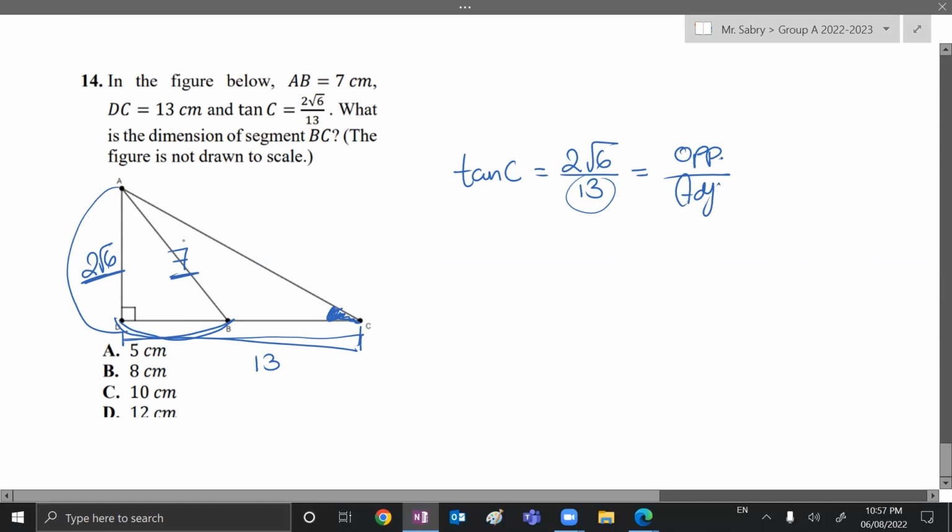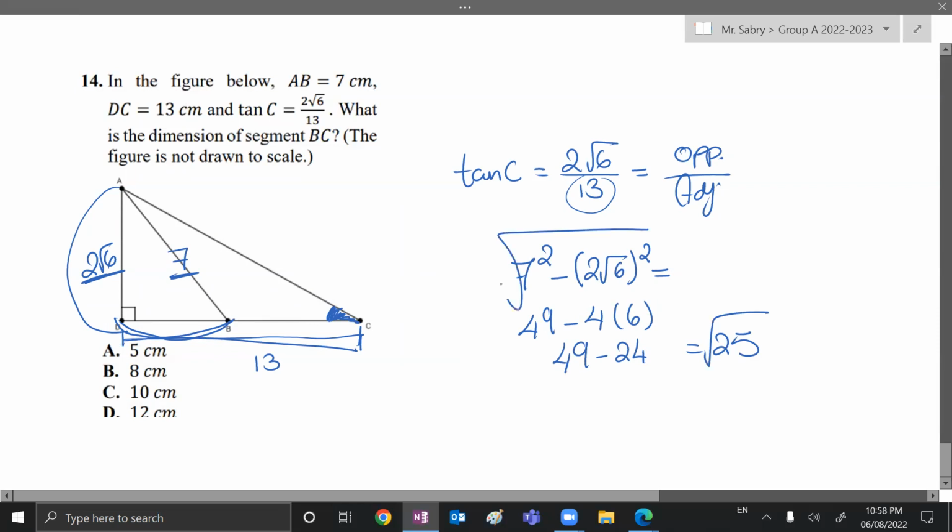Yes, because we do have a right triangle here and we do have two sides. So we'll say that 7 to the power of 2 minus the other side, 2 root 6, all to the power of 2, is supposed to give me the measure of DB. 7 squared is 49 minus 4 times 6, which is 24, so 49 minus 24 is 25. Did I calculate it right?